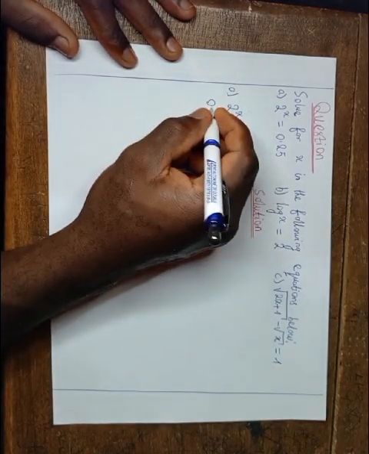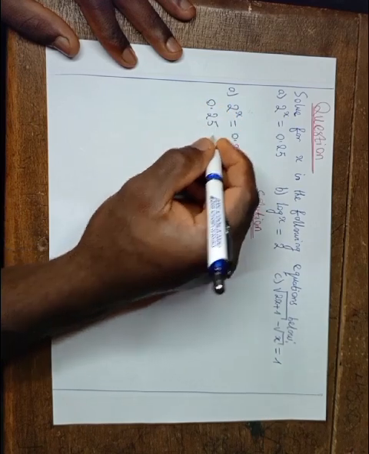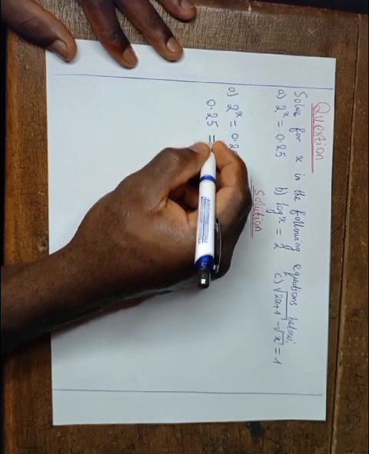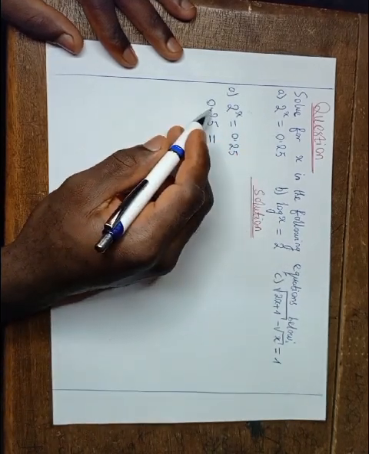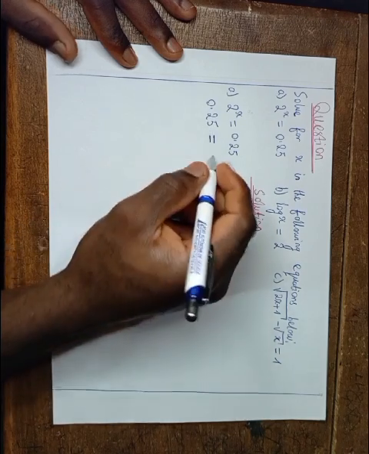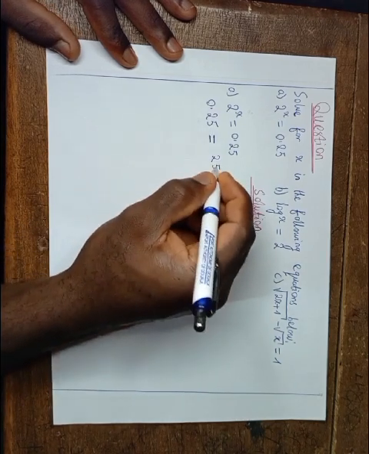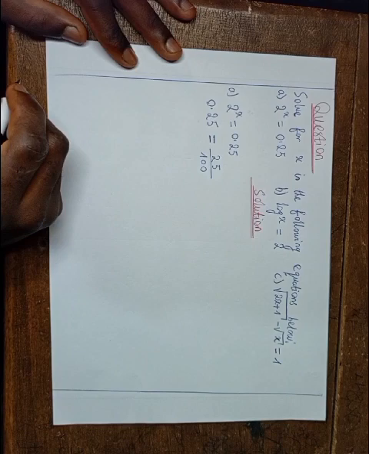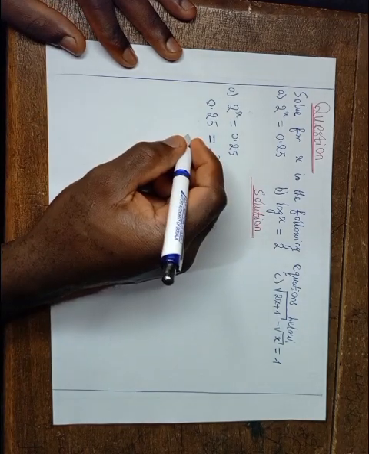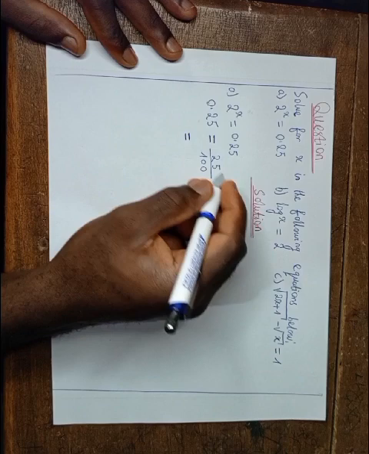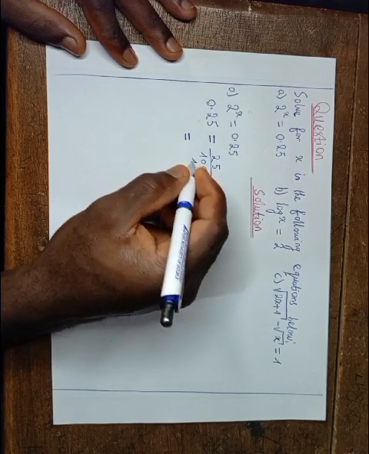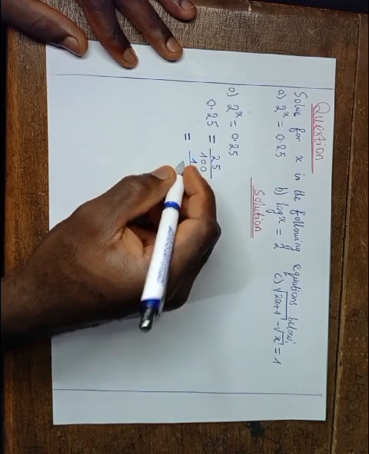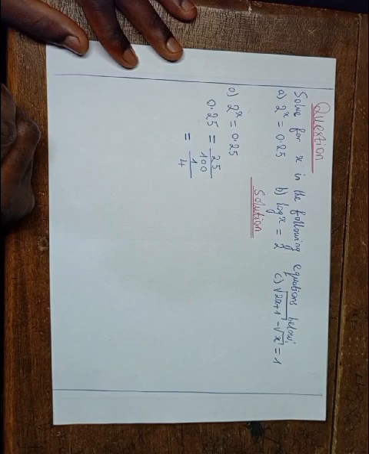Take the number 0.25, writing it as a decimal fraction, this will simply give us 25 all over 100. Next step, we can simplify. 25 divided by 25 will give us 1, 25 will go into 100 4 times.